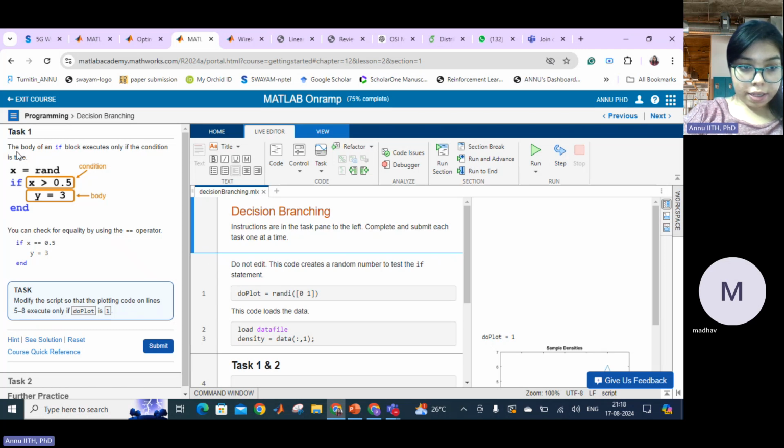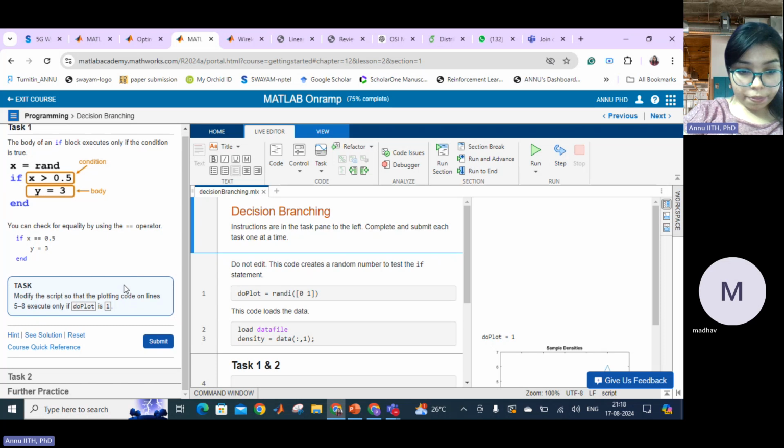If x equals rand, and if x is greater than 0.5, y is equal to 3. Okay. So you can simply check using a relational operator. These are the relational operators, and there we can have the condition. So what it is asking: modify the script so that the plotting code on lines 5 to 8 runs only if doPlot is 1.